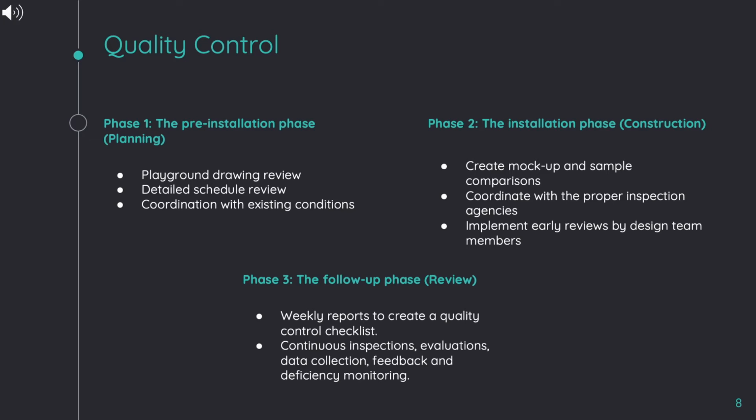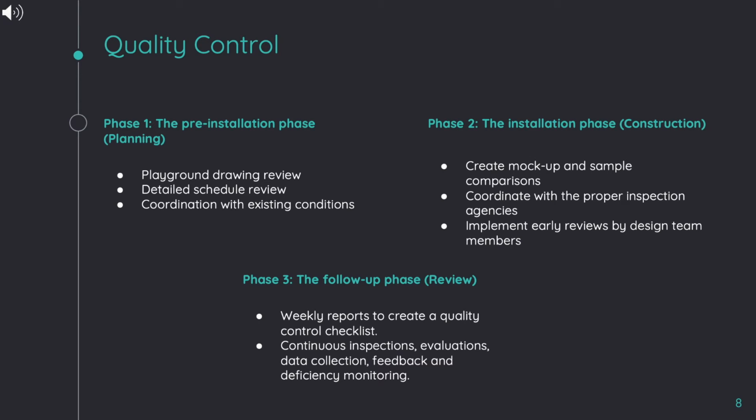To ensure a successful quality control, the project was separated into three phases of the construction process. Phase 1, the pre-installation phase or planning. This phase starts at the beginning of each major scope of work.